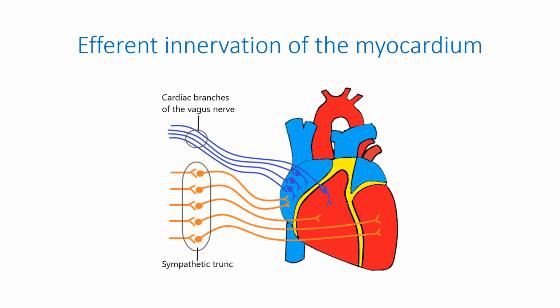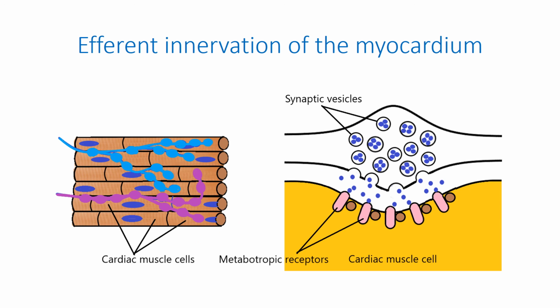The postganglionic parasympathetic and sympathetic neurons innervate not only cardiac muscle cells, but also the coronary vasculature. Autonomic nerve fibers run in the myocardial interstitium parallel to capillaries and display the necklace morphology as was noted earlier.